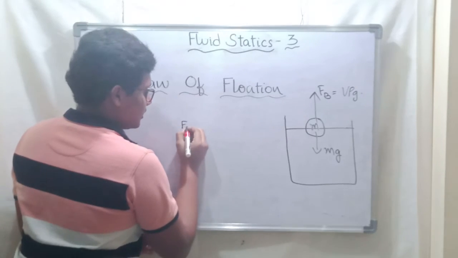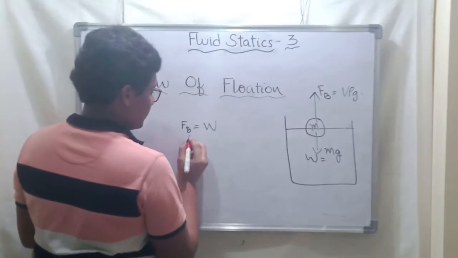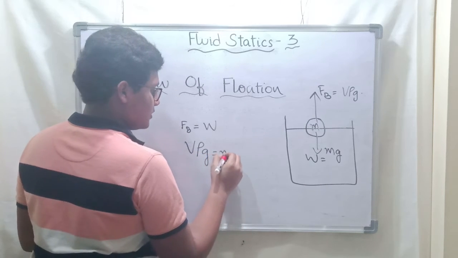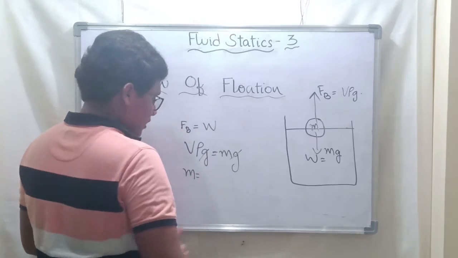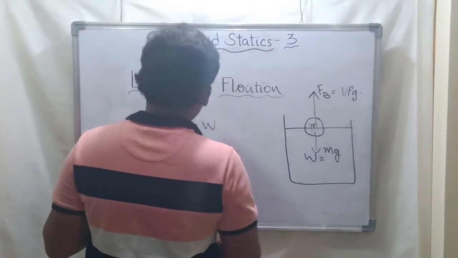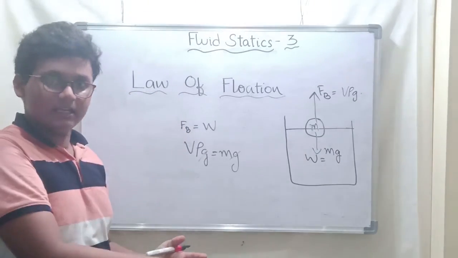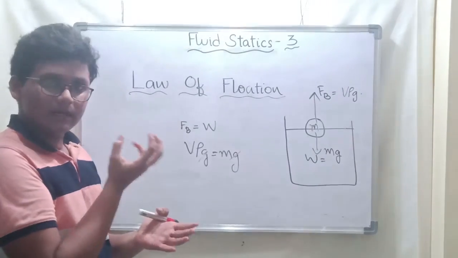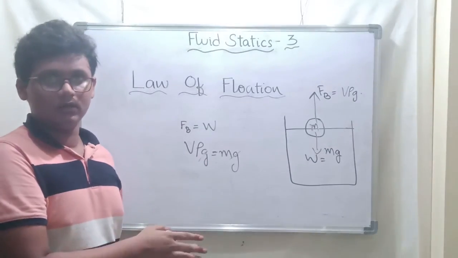So Fb is equal to the weight acting downwards, which is mg. So V rho g is equal to mg. The buoyancy force is acting upwards and mg is acting downwards, so both will be equal, and the stone or body will be at equilibrium. So that is the law of flotation.